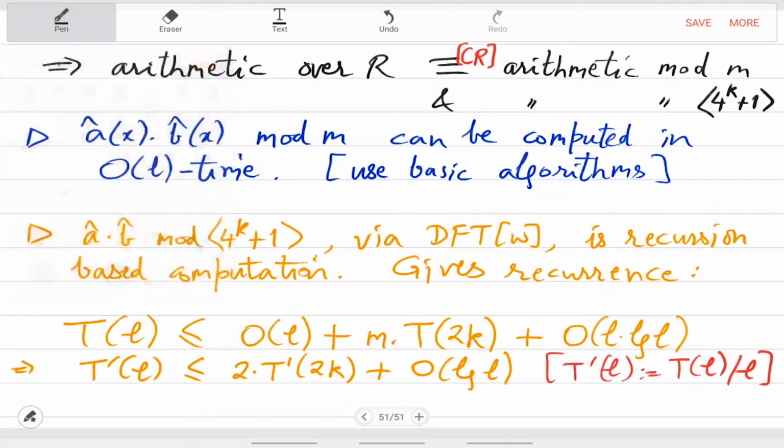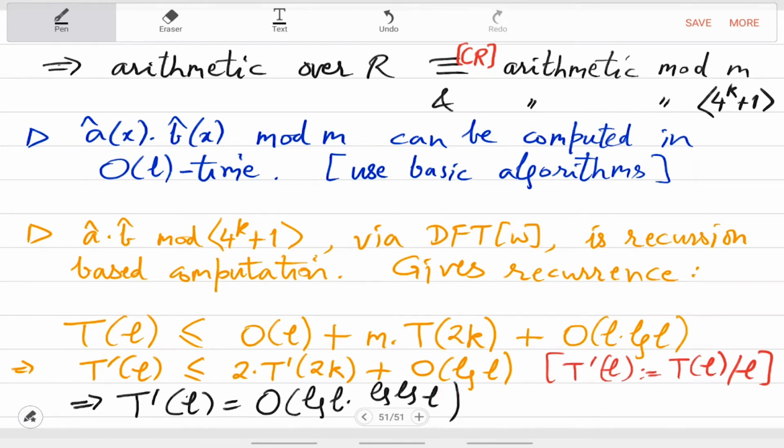And if you work it out, it will give you that T prime L is at most log L times log L. Okay, so this improves on our previous analysis. So you get that T L is L times log L times log L. Is that okay? So you can check this. Just fit this T prime L in the recurrence and verify that it actually is a solution. You don't need log L to the alpha, like in the previous proof.